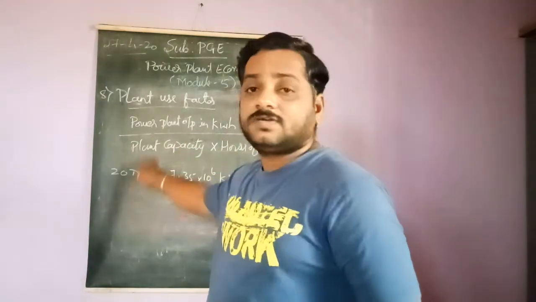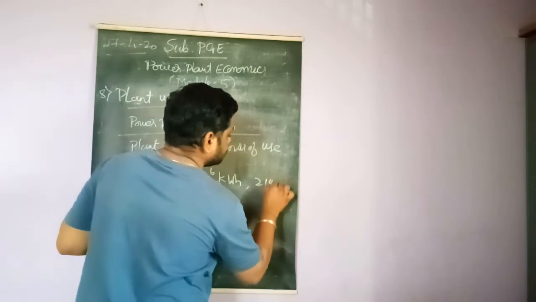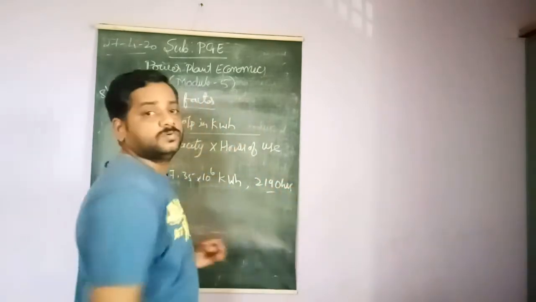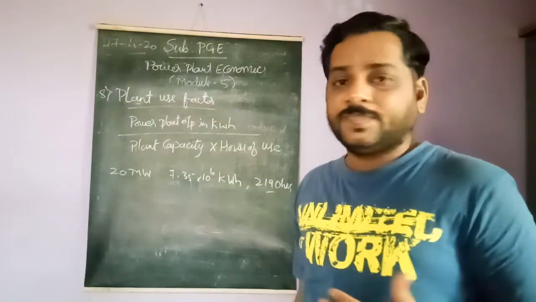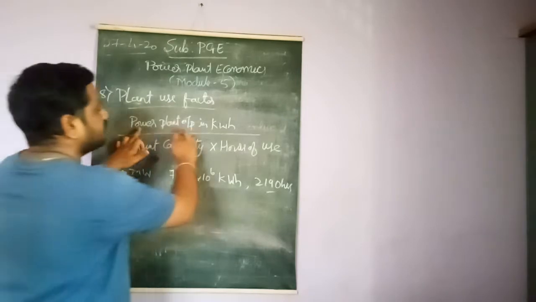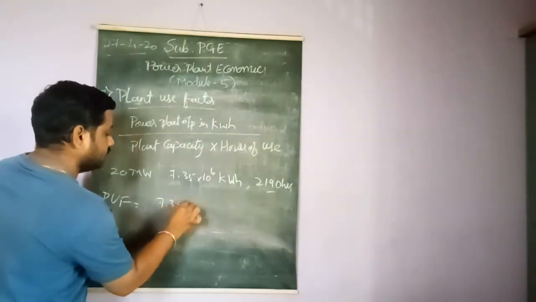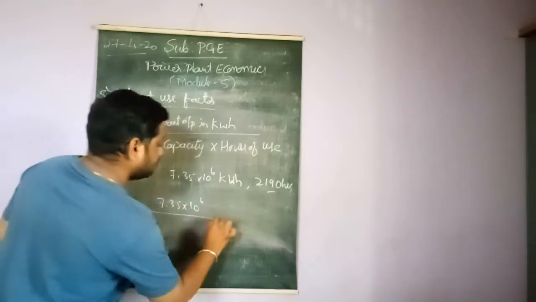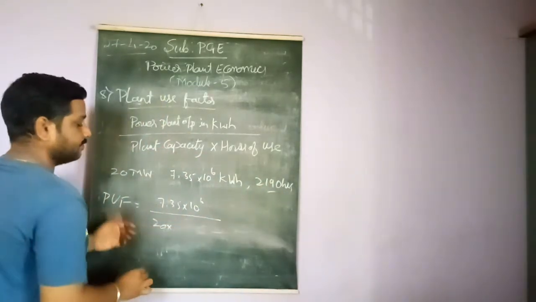The plant capacity is 20 megawatt, and the power plant has been utilized only for 2190 hours. Now I can find out the plant use factor. Plant use factor is the power plant output, 7.35 into 10 to the power 6, divided by the capacity, 20 megawatt.